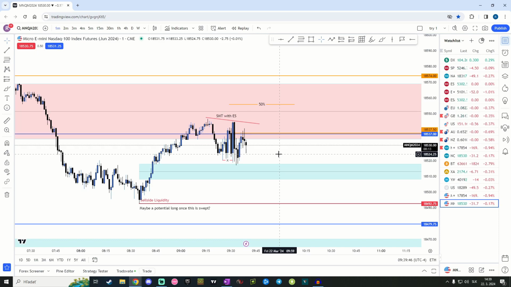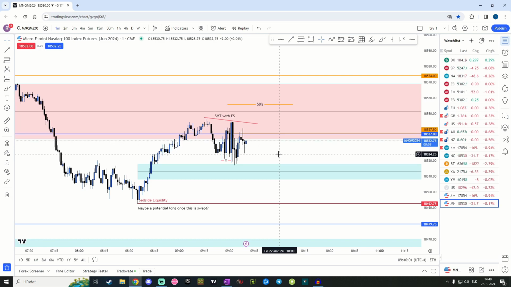There is also nothing on the 30-second charts for now. Really nothing. It's still staying in range. We almost had SMT with ES and NASDAQ on the highs. Okay, we have no SMT. They both did the same.